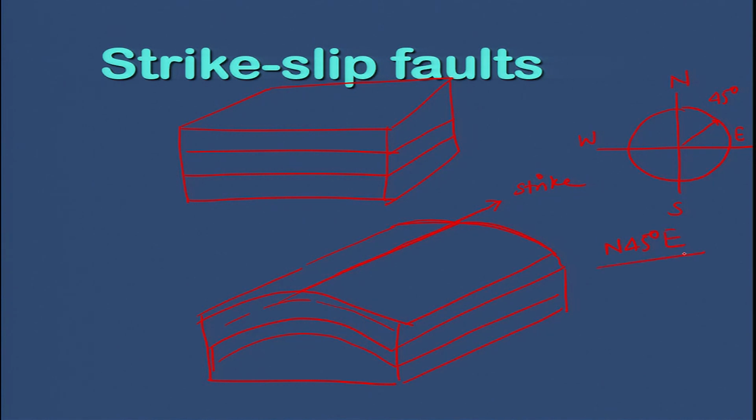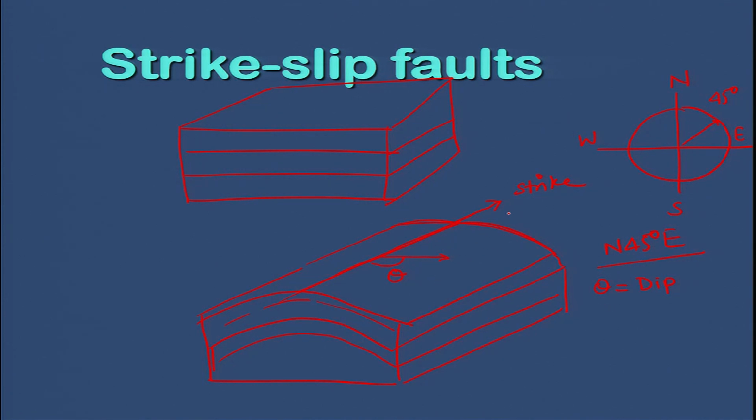This will be our strike, and the dip is the inclination measured exactly perpendicular to it. The angle between the strike line and the inclined plane, measured perpendicular to the strike, is your dip, and the direction is the dip direction.